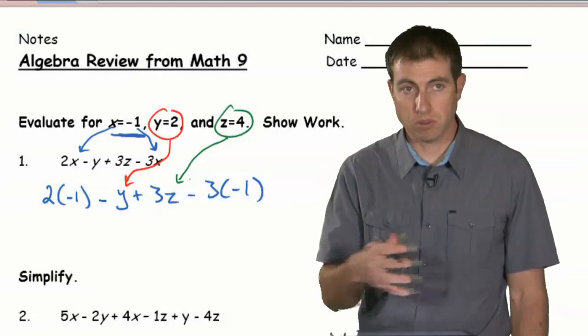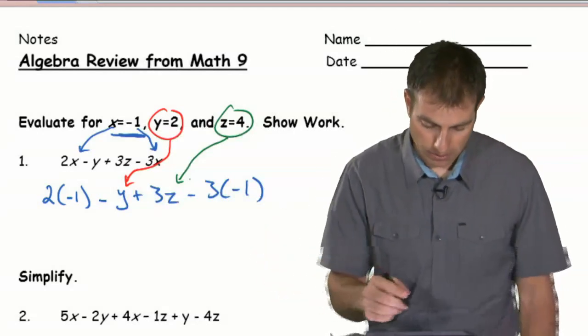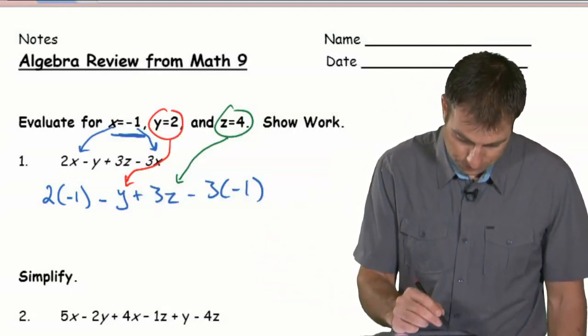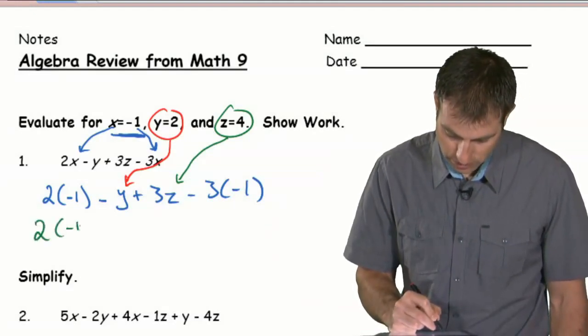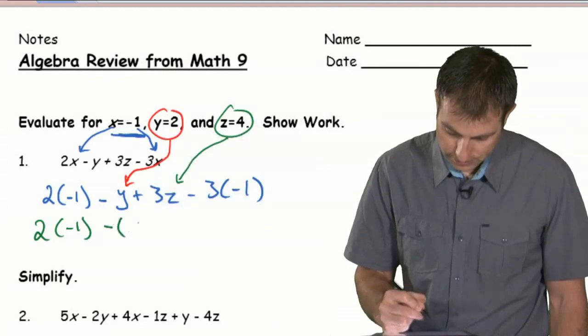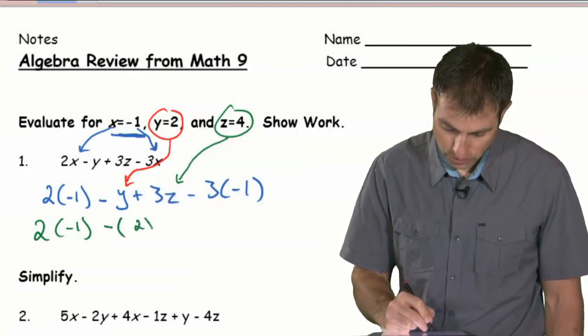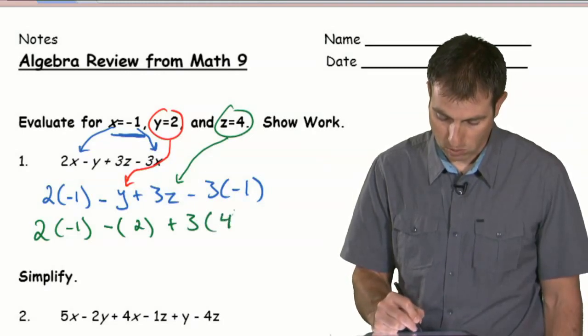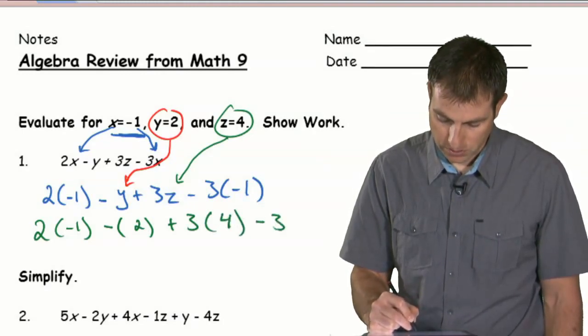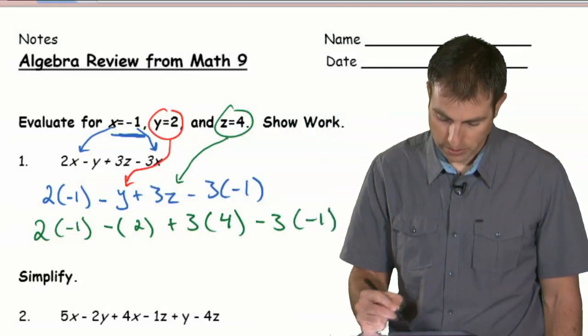I'm going to substitute everything in, and then I'm going to do some math. So here we go. 2 times -1 minus, and then we put in a 2 for y, plus 3 times the z, which was a 4, and then we have minus 3 times -1.